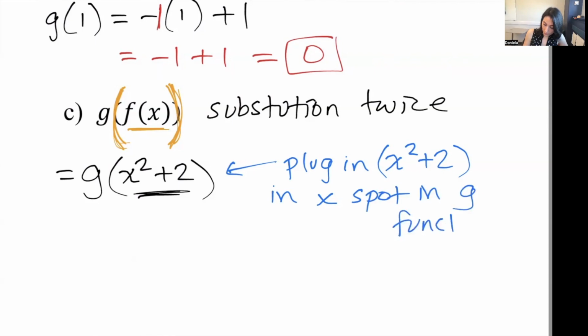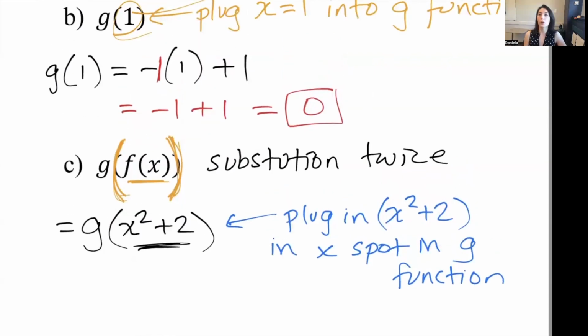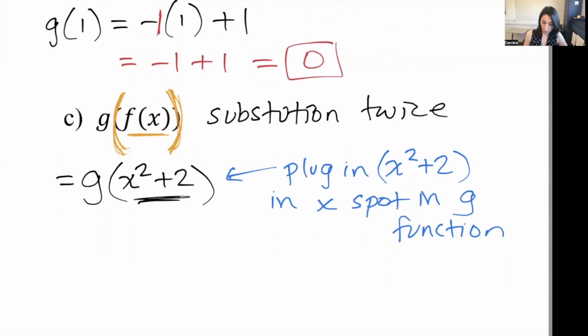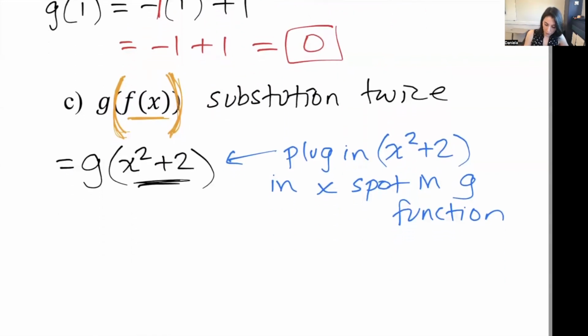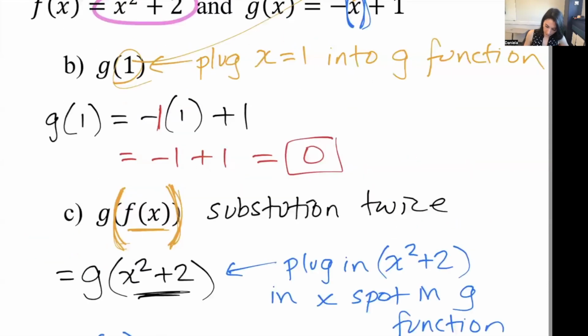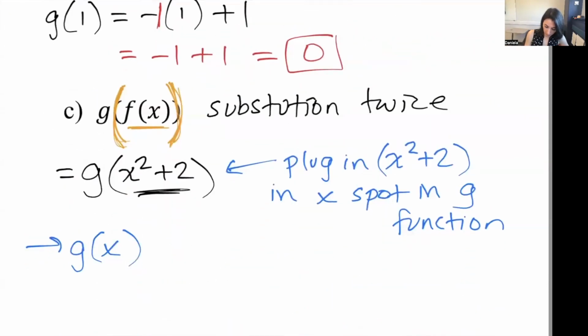Okay, so now instead of plugging in numbers like before, we plugged in 1 in the last example, now in the x spot, we're plugging in an entire expression. So remember that the g function, I'll just write it down, was -x plus 1. So now we're going to plug in x squared plus 2 in the x spot.